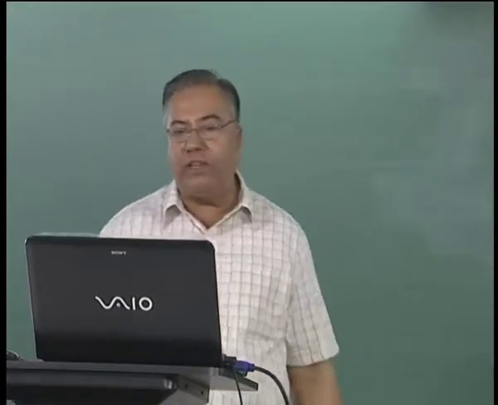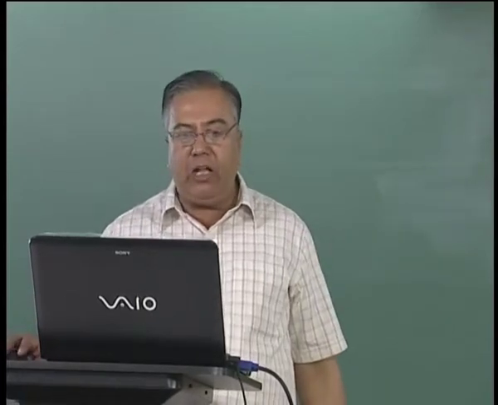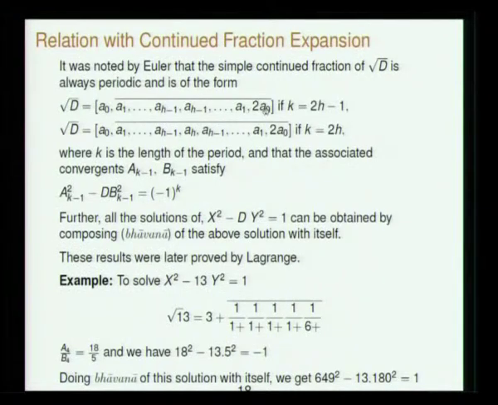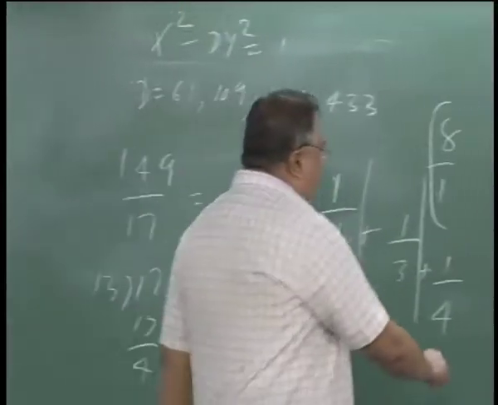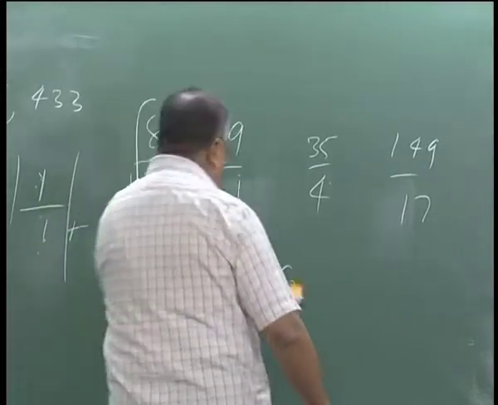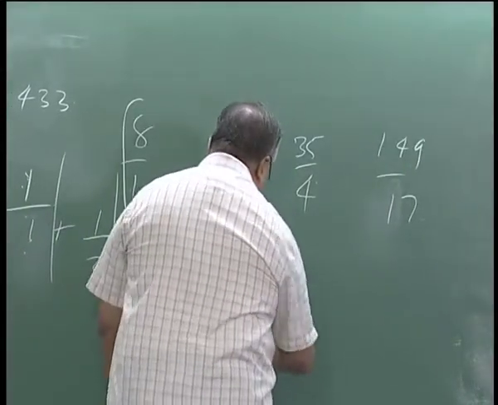Now coming to our problem, solution of the Varga Prakriti, Euler showed that square root of d can always be written as a periodic continued fraction. Periodic means at the end of this, whatever I put in the bar will keep repeating itself. In fact, we saw one nice quadratic surd which had a periodic continued fraction expansion. The period started right at the beginning, right?